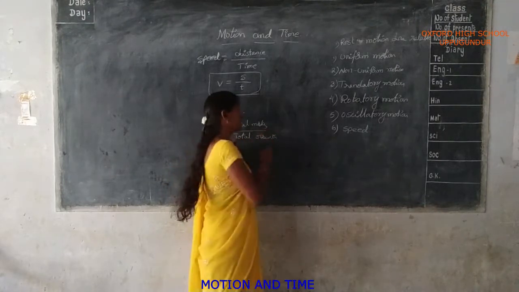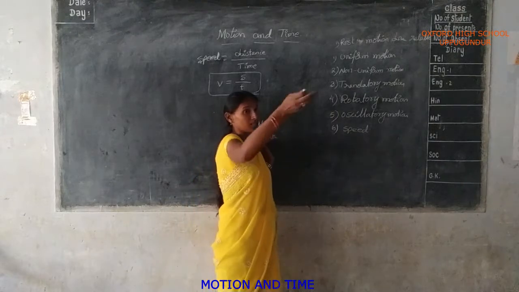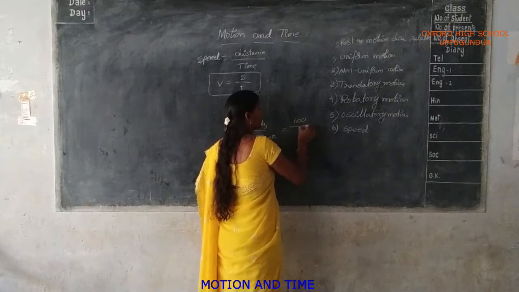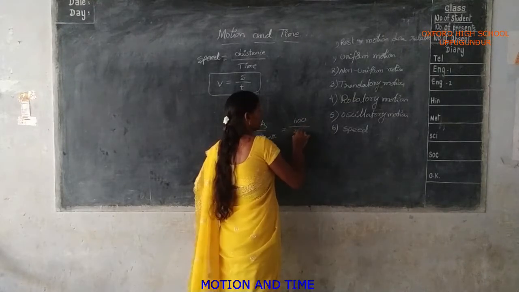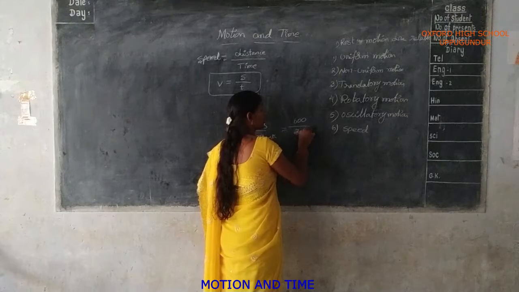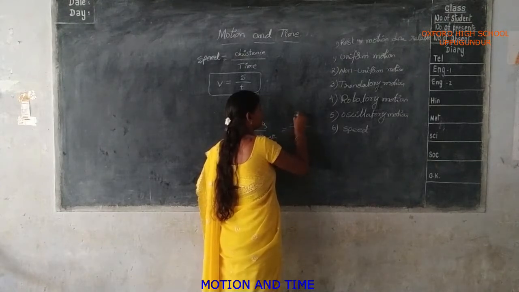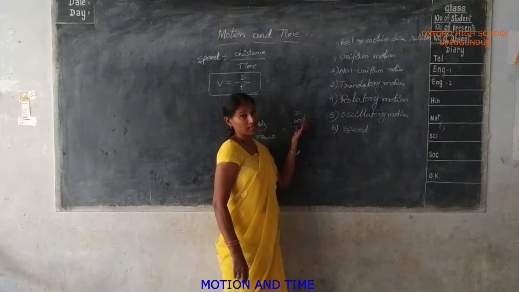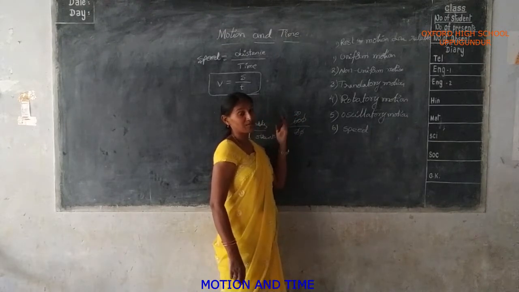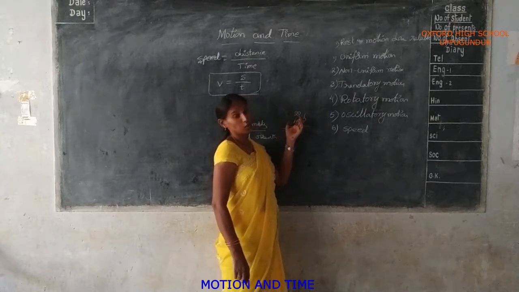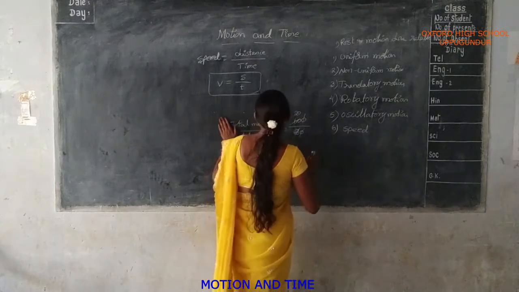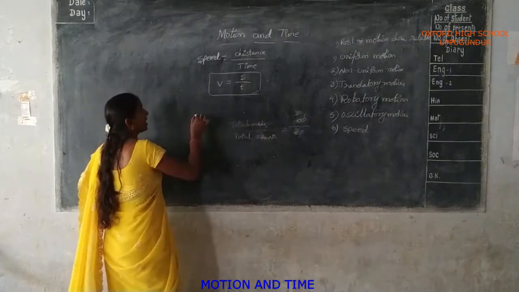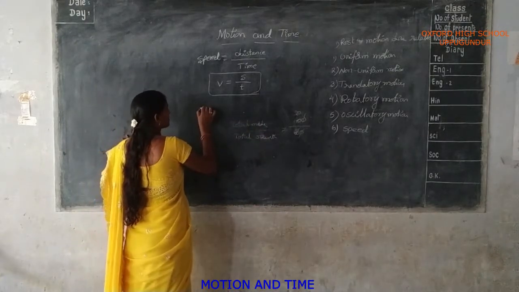For example, total marks in mathematics are 600 and total strength is 30. So the average marks in maths is 20. In the same way, you calculate the average speed.